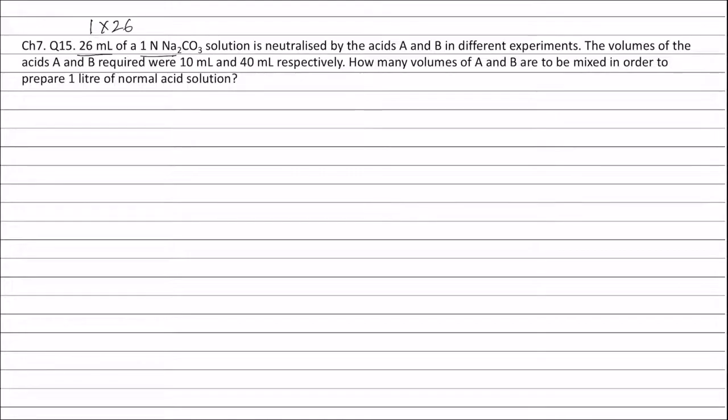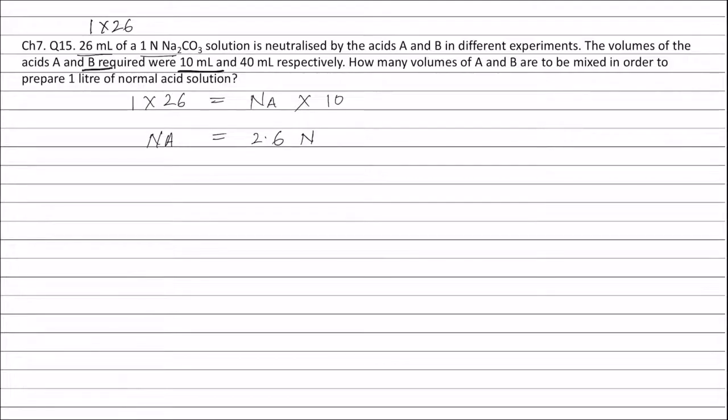Now 26 milliequivalents of sodium carbonate is neutralized by 10 milliliters of acid A. Therefore, milliequivalents of sodium carbonate, that is 1 into 26, is equal to milliequivalents of A, that is normality of A. Let the normality of A be NA into volume of A, that is 10 milliliters. Solving this, we get normality of A equals to 2.6 N.